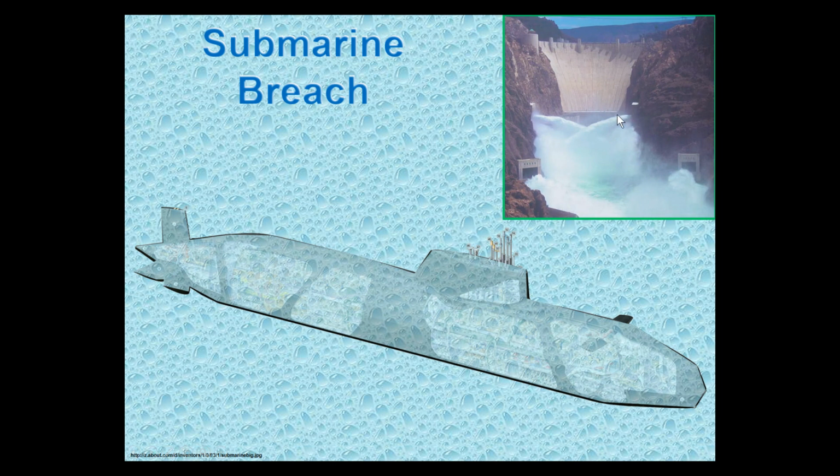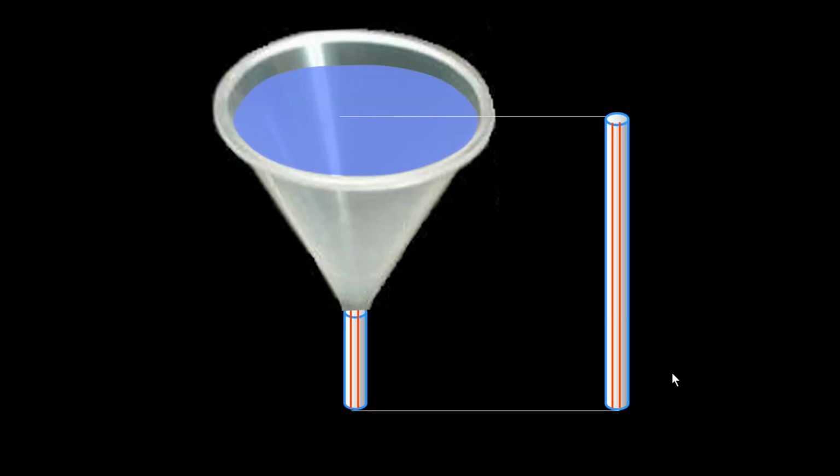And that's only 700 feet deep. If this is like 2,000 feet deep, there's going to be even more pressure like that. So you probably wouldn't die from being crushed by the submarine collapsing. It would be just the crushing force of the water rushing in.